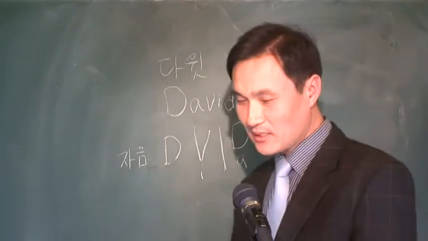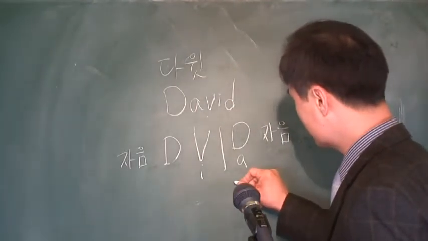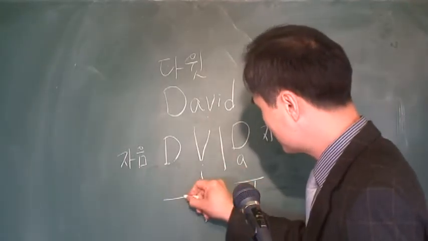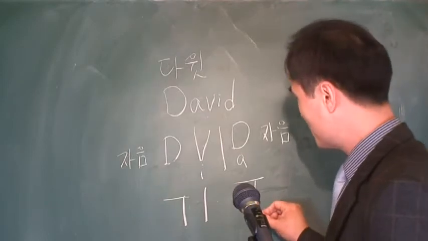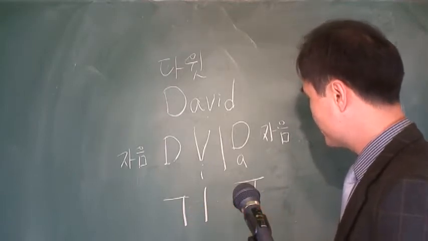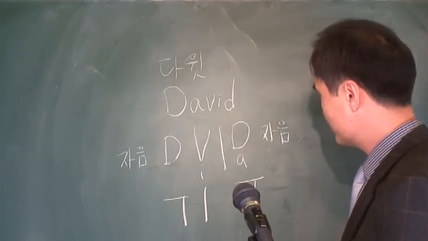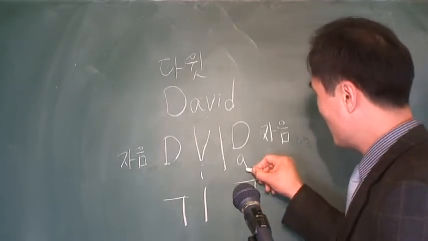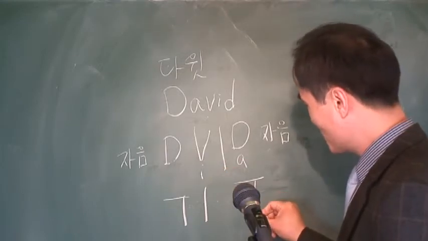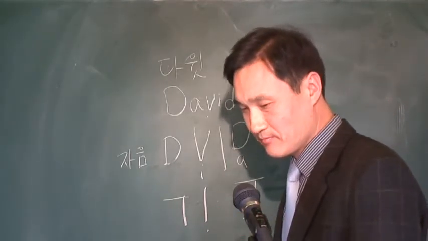Let's then look at the Hebrew consonants for the English letters V and D. You will see the Hebrew alphabet for the English letter D. Now let's write the Hebrew vowel for the English vowel A under the consonant.